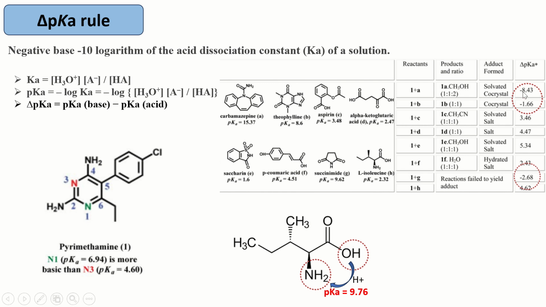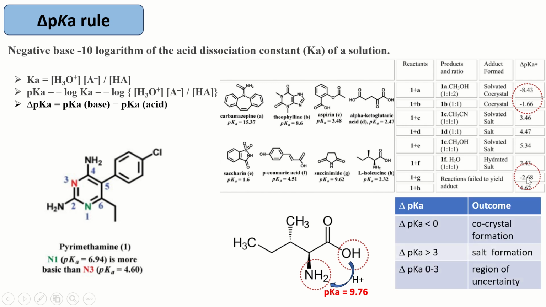The delta pK value with carbamazepine is minus 8.43, and with theophylline it is minus 1.6. With the other co-formers, the delta pK value is in the positive range: 3.46, 4.47, 5.34, and 2.43. And with 1G, I mean succinamide, it is minus 2.68.